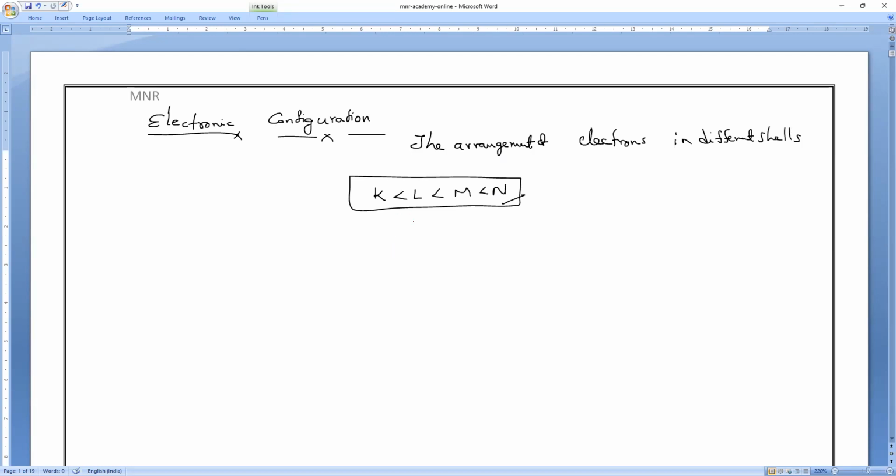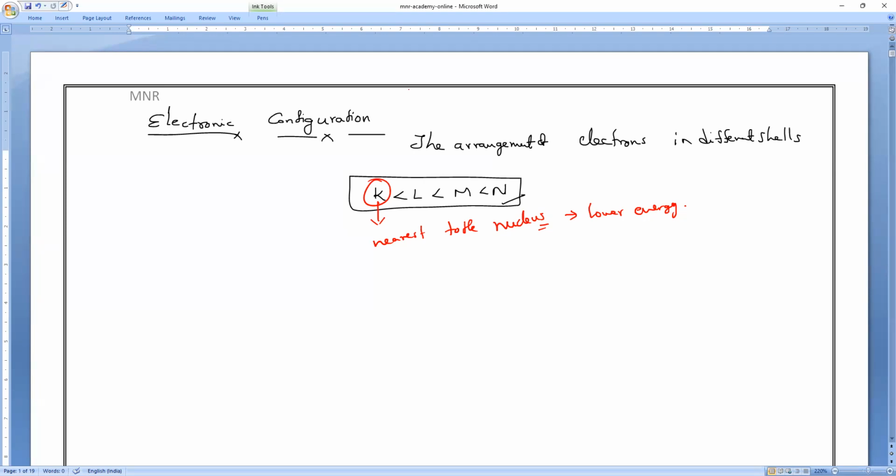The shell nearest to the nucleus has lower energy. The shell closer to the nucleus always has lower energy. You have to remember that.